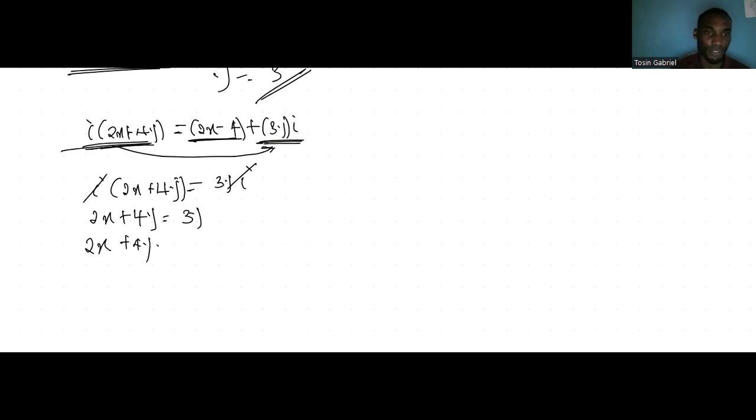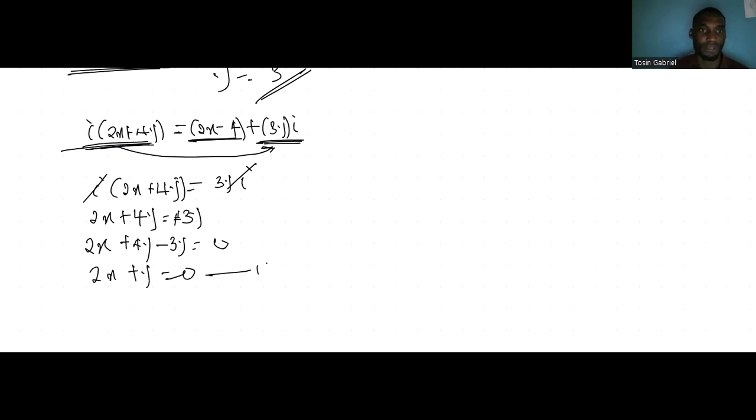If something is on one side and is moving to the other side, you simply subtract 3y from both sides. So you have 2x plus y equal to 0. You can call this one equation 1.